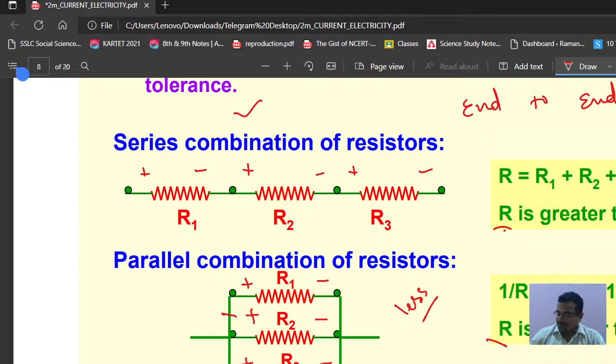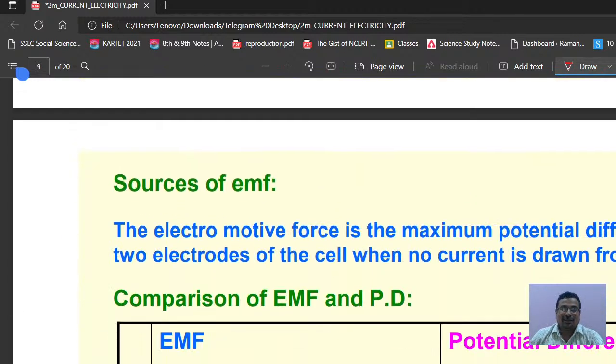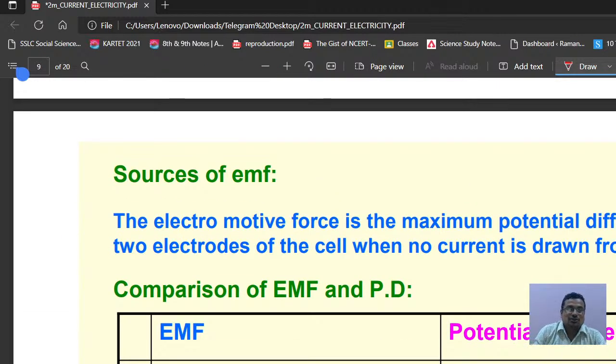So next we move ahead to the next topic, the source of EMF. EMF is electromotive force. My dear friends, is this a force? No, not at all. It is not a force. Electromotive force is the maximum potential difference between the electrodes of a cell when no current is drawn from the cell.